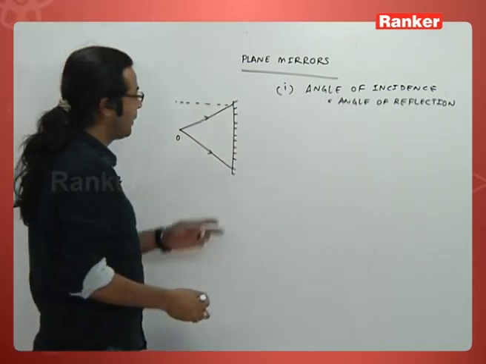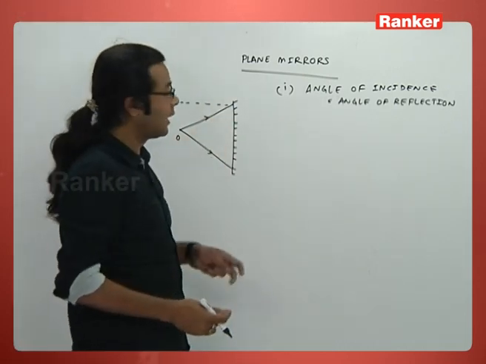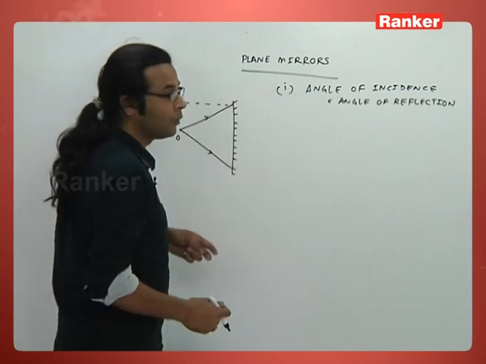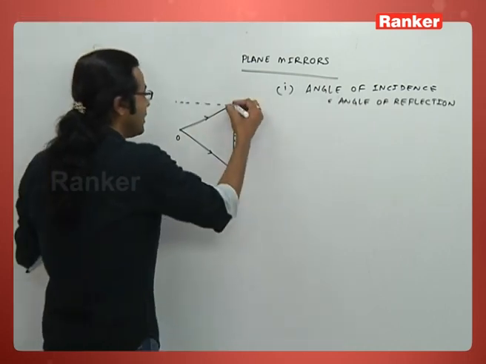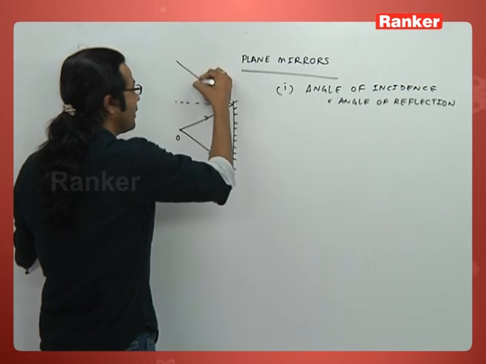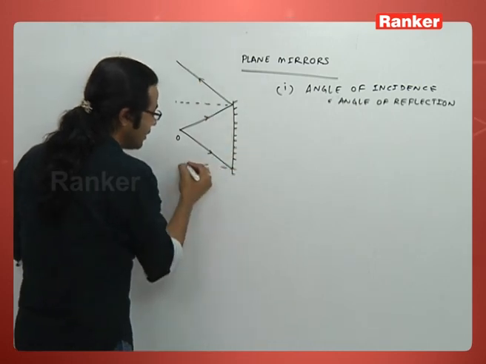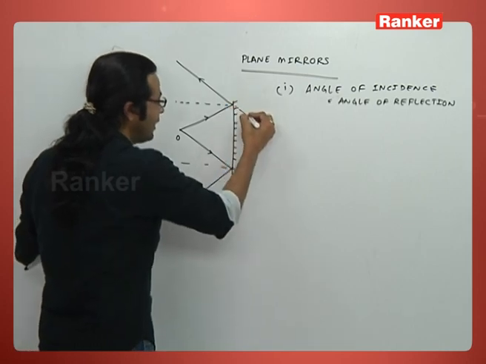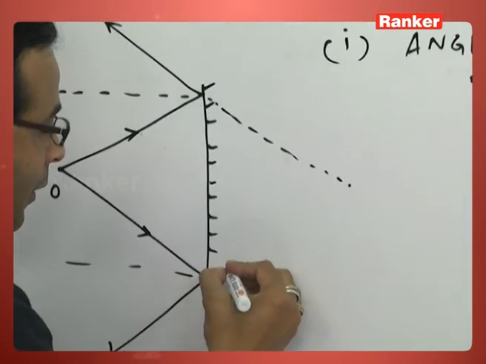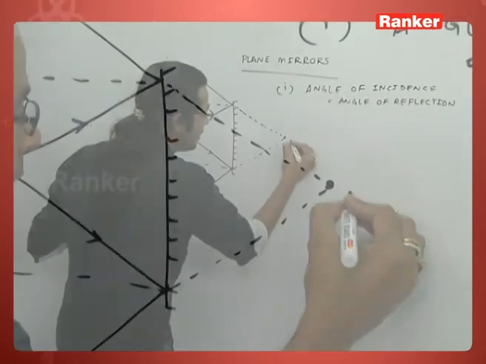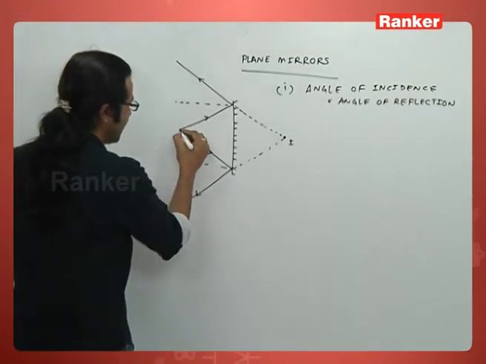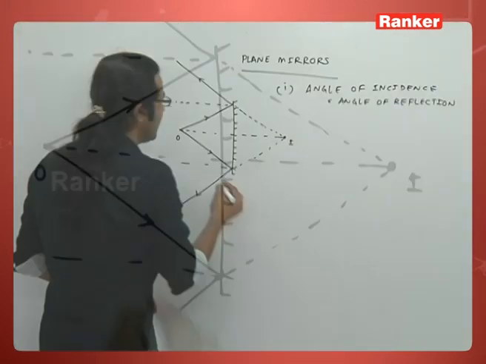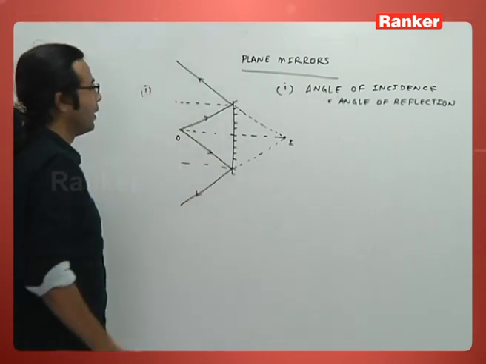Normal means a perpendicular to the optical instrument, perpendicular to the plane mirror. So here we see the light rays, and if we extend this and we join this, this is the image, and I can exactly say this is one property of plane mirror.